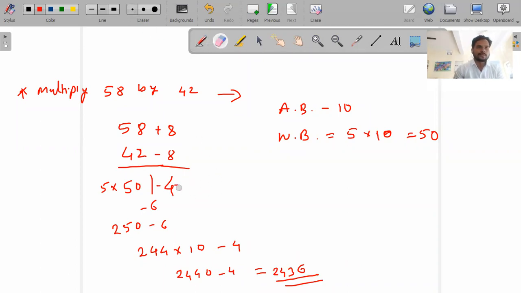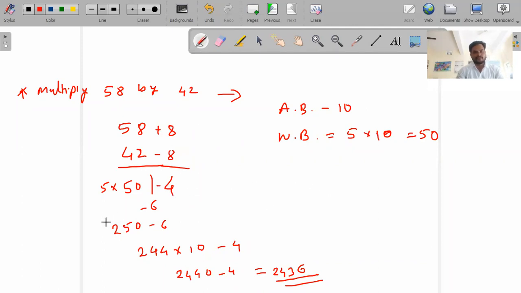In the book they have not considered the actual base as 10, but just for fun I have considered the actual base as 10 and the working base as 50. If you observe here, 58 is above the base and 42 is below the base. So the multiplication of these differences will be minus 64.